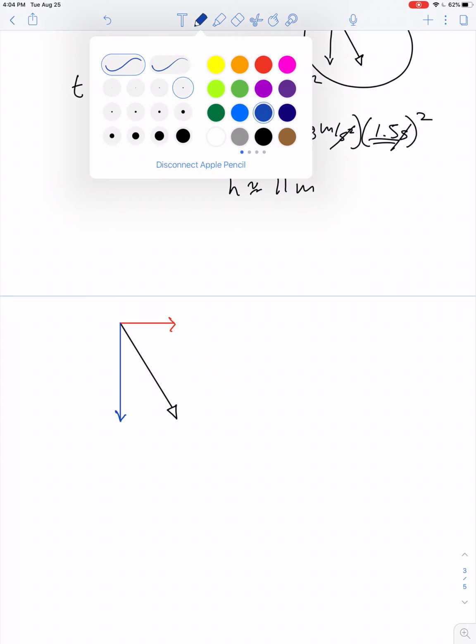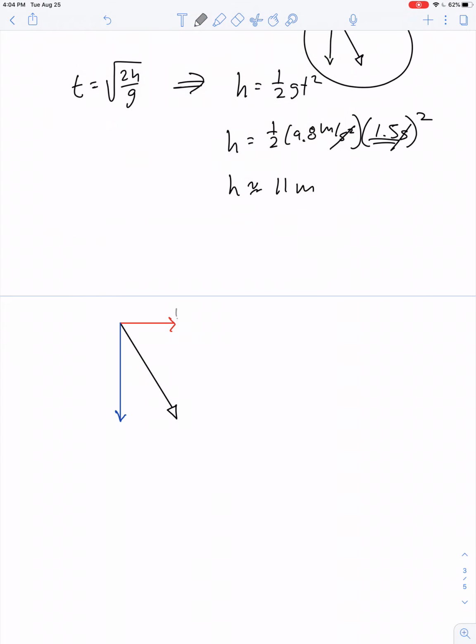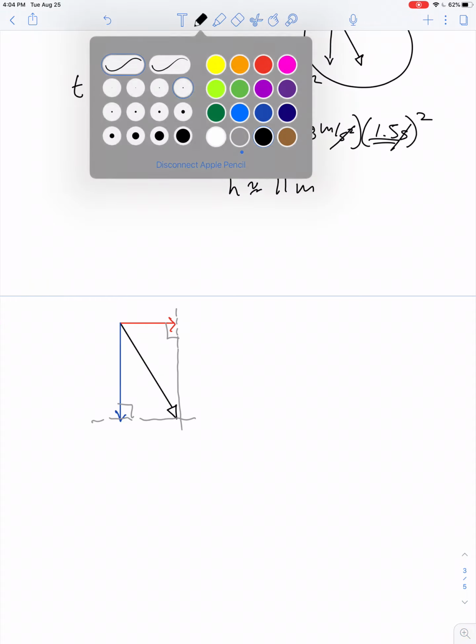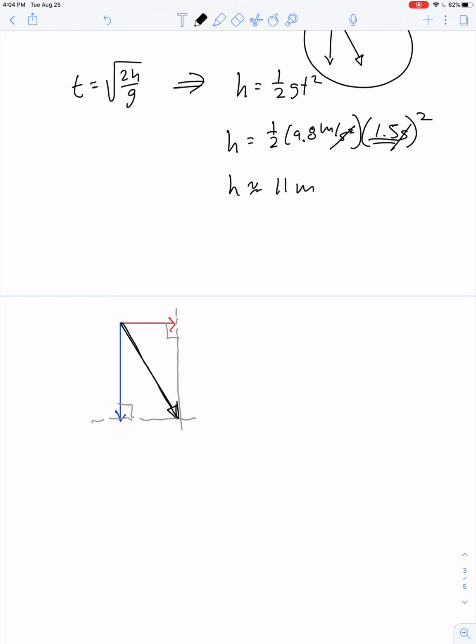If we use the parallelogram method, we see two right triangles to choose from, whichever one makes sense for you. Let's just look at this right triangle. So we've got the angle.